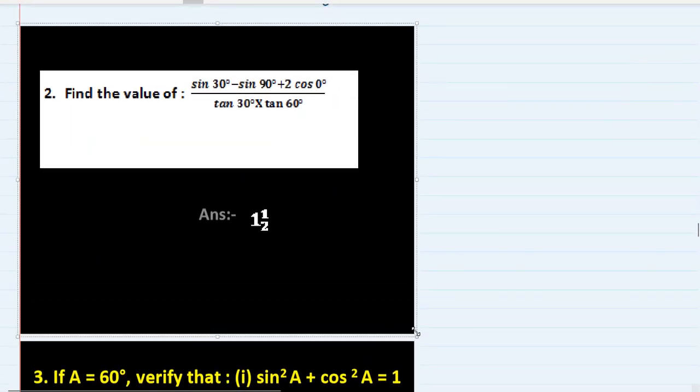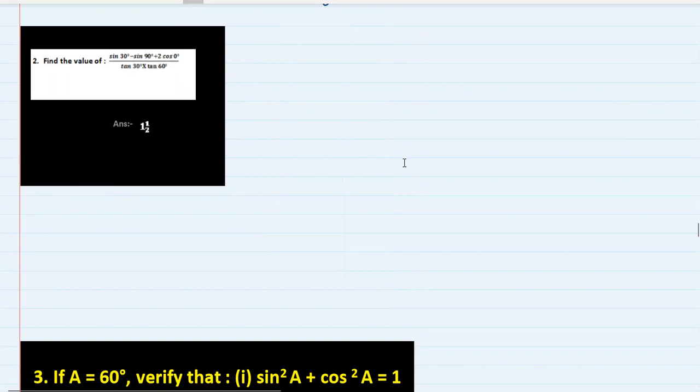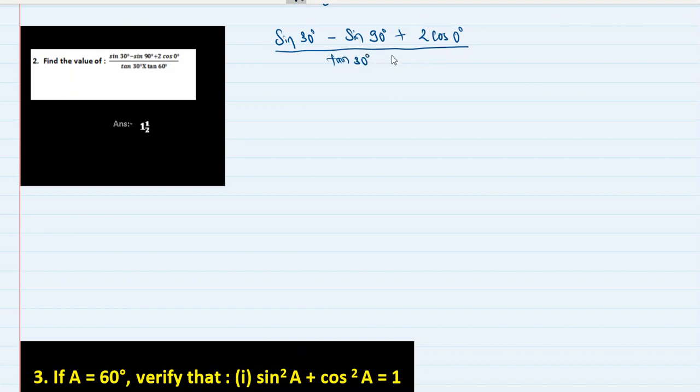This is also evaluate. Sine 30 minus sine 90 plus 2 cos 0, the whole upon tan 30 multiplied by tan 60.